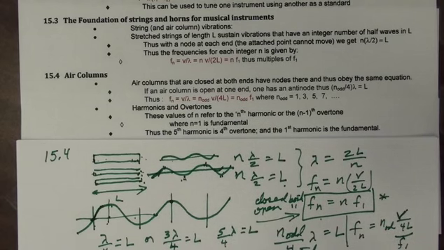So this is the fundamental, is the first harmonic. N equals 1 is called the fundamental. It's also called the first harmonic. N equals 2 is called the second harmonic. And so forth. N equals 3, third harmonic.